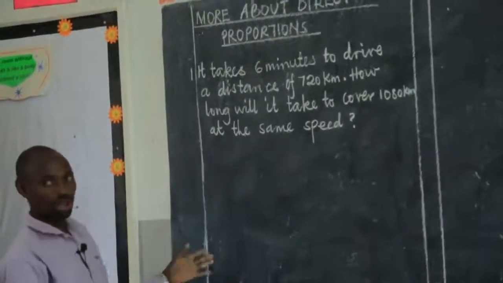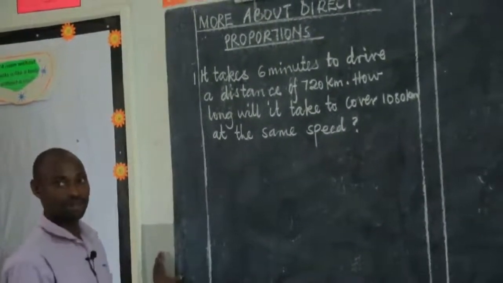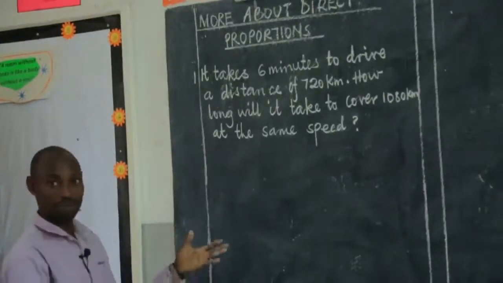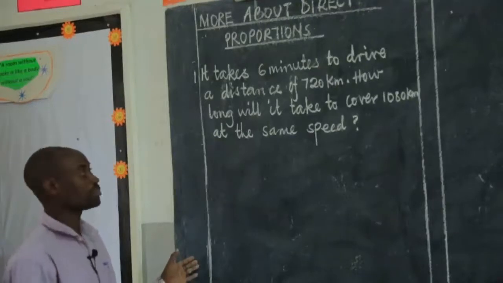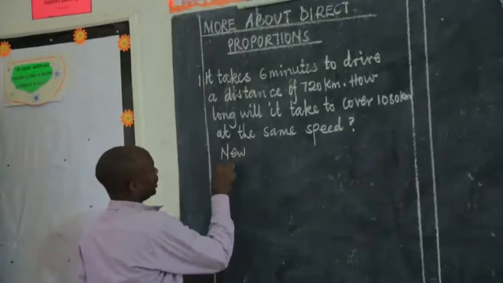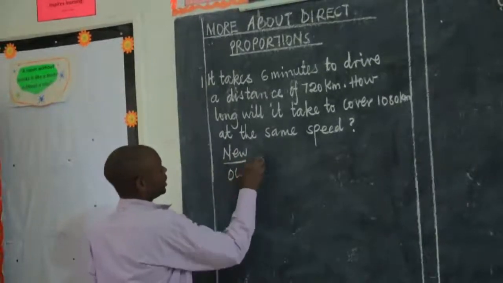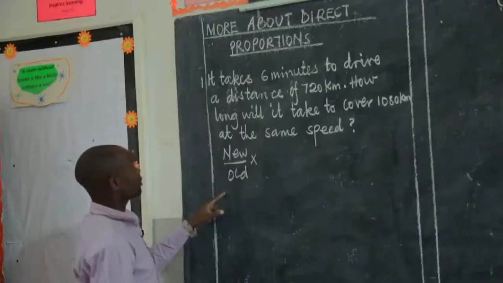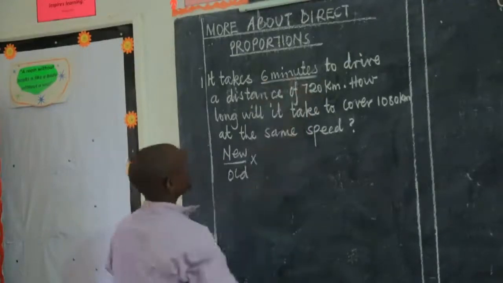Both methods which I gave you in my previous lesson can apply here. But it's up to you to choose which method is going to make your work easy. I think I will use new out of old, then times. What has been given twice? Remember, we have time, 6 minutes.